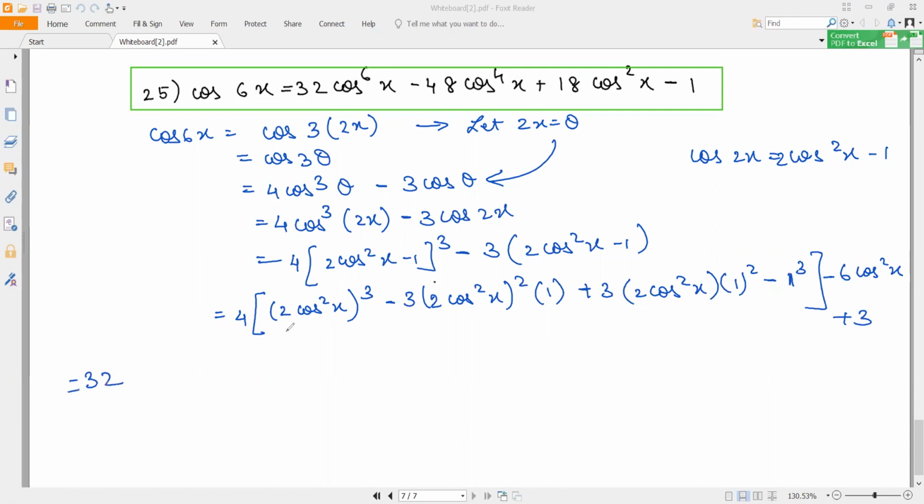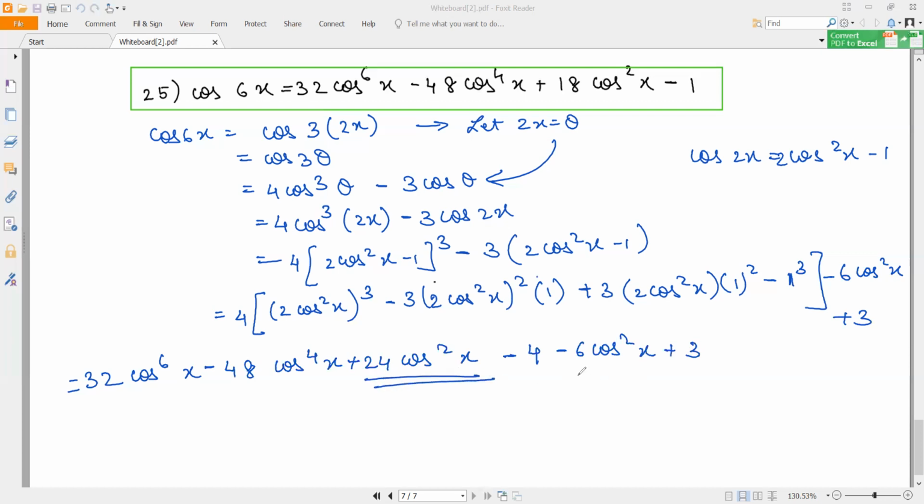So this is 32 cos square cube, which means cos to the power 6x, minus 4 into 3, 12, into 2 square 4, so 12 fours are 48, minus 48 cos square squared, which is cos to the power 4x, plus 4 into 3, 12, into 2, 24, plus 24 cos square x, minus 4, 3 into 1 cube, 4, minus 6 cos square x plus 3.